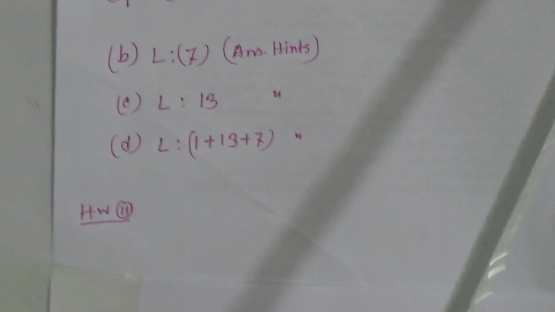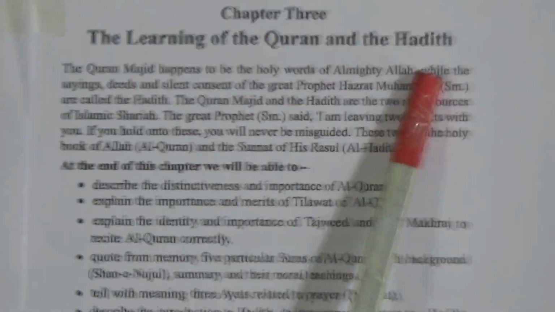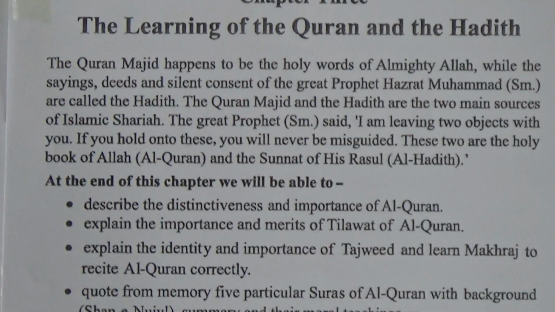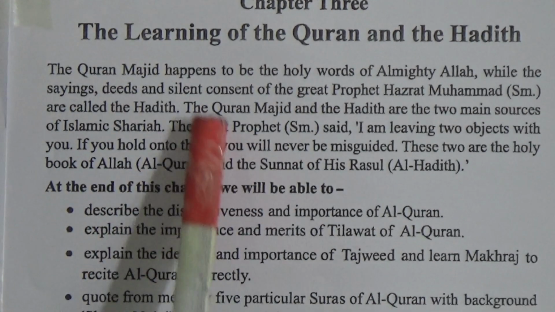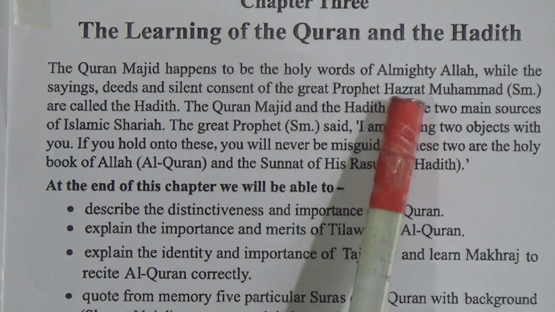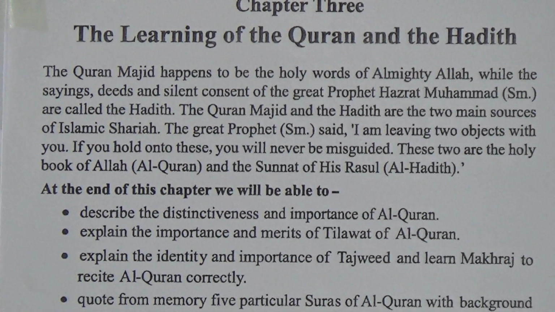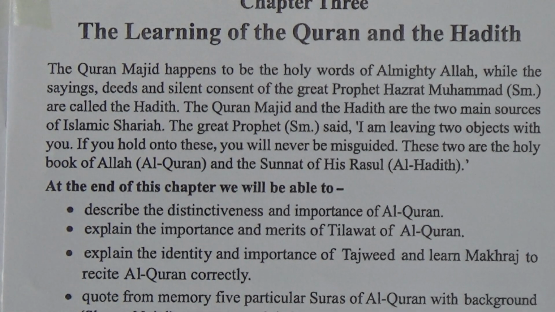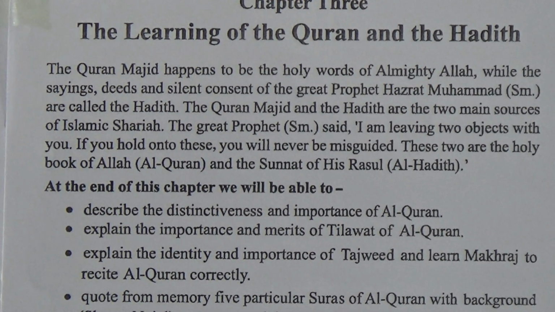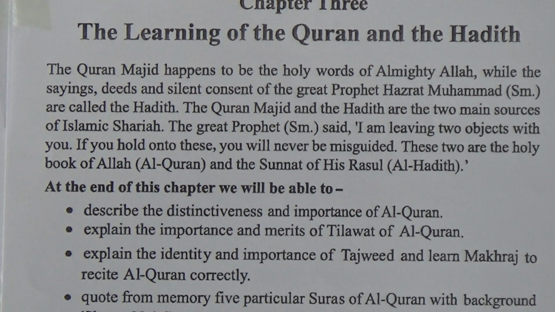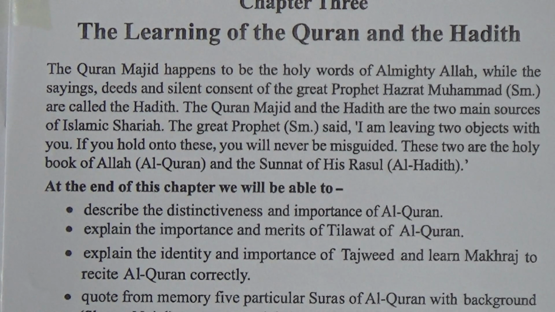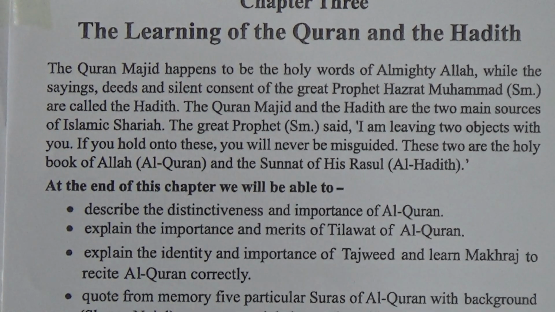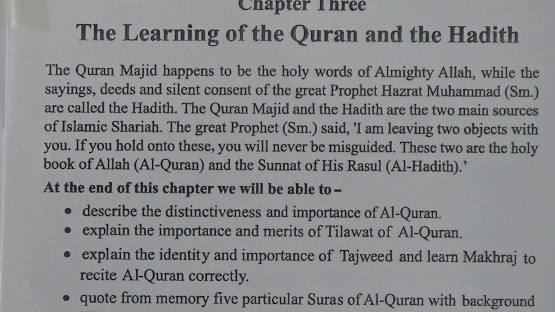Now come to chapter 3. It is chapter 3, learning of the Quran and the Hadith. The Quran Majid is the holy words of Almighty Allah. All of you know the Quran Majid is the speech of Allah. Muhammad sallallahu alaihi wasallam said that if anybody holds on to the Quran and Hadith, or Quran and Sunnah, he will not be misguided.